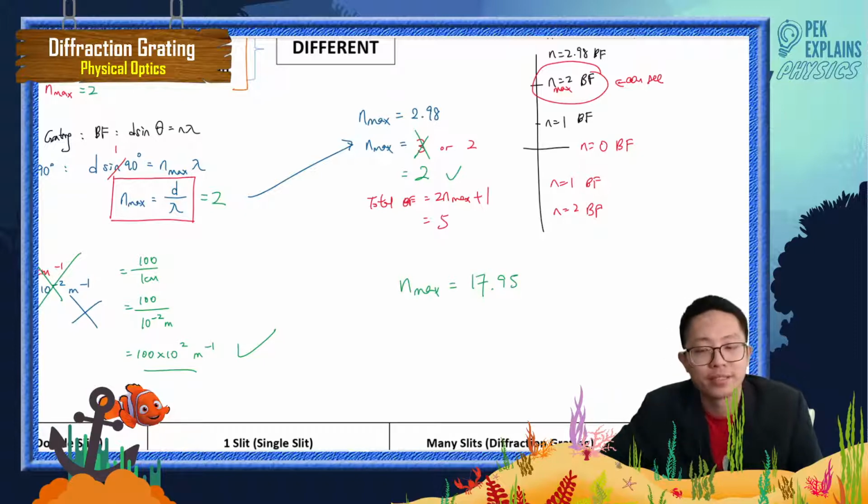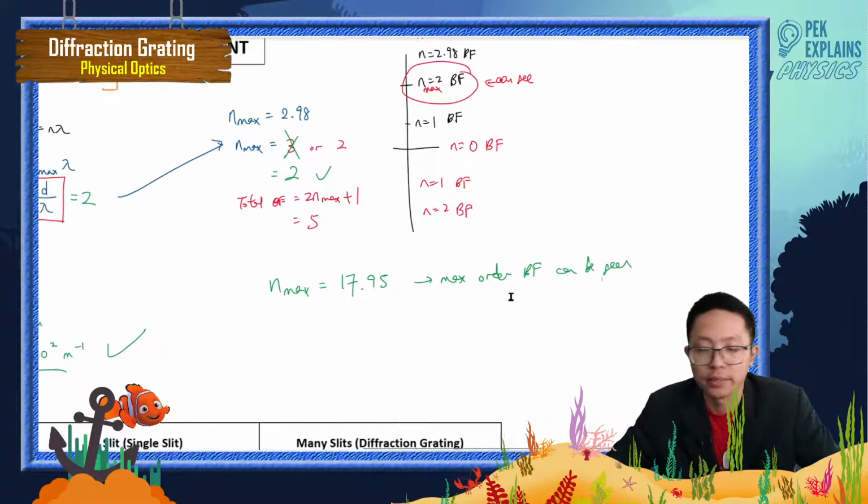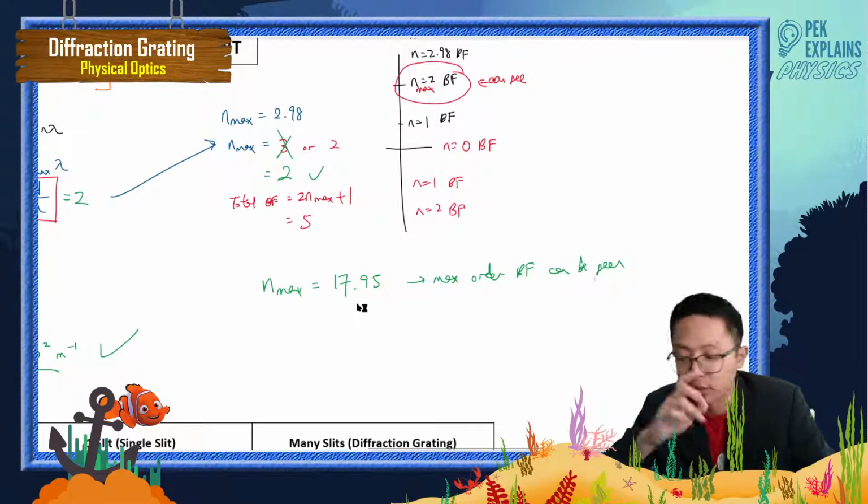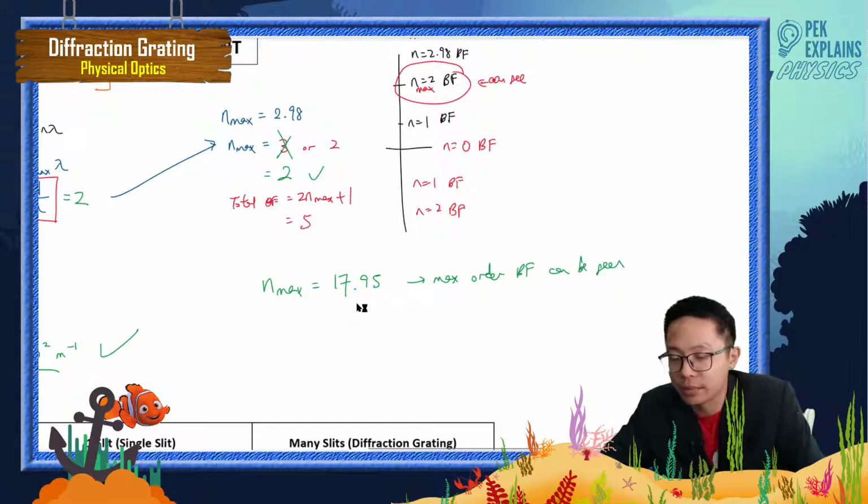Maximum order of bright fringe that can be seen is 17.95. So what is the total bright fringe that can be seen? What is it? So how do you do it?